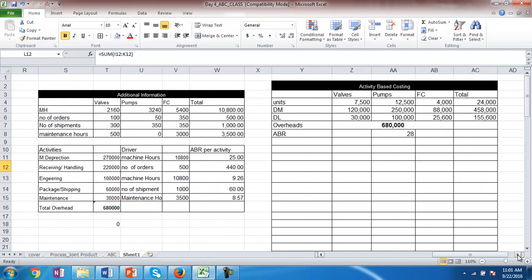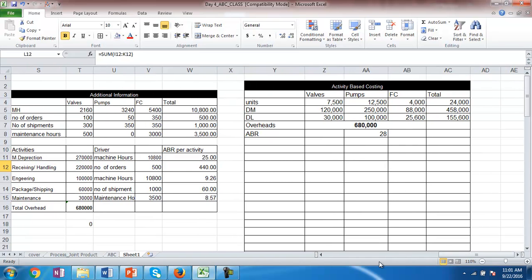Now let us observe that. For that you need lots of additional information. The additional information says there are 5 different activities this organization is engaged in: receiving, handling, engineering, packaging, shipping, maintenance, and some machine related expenses.